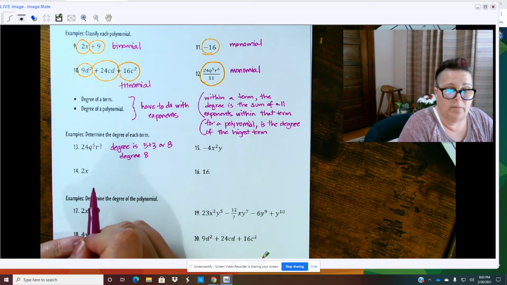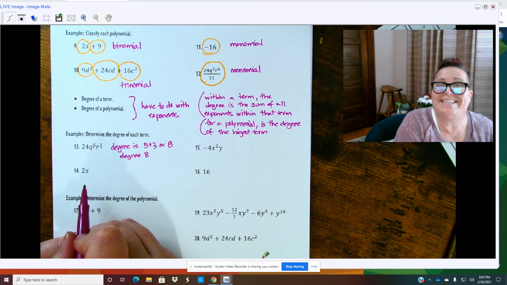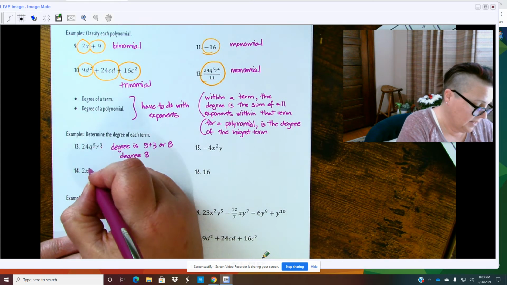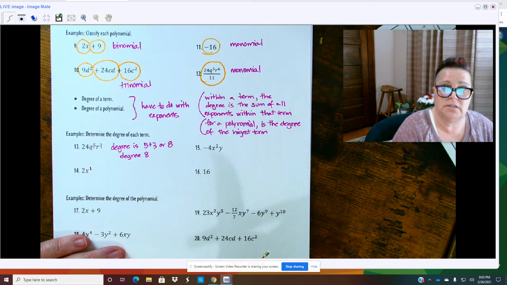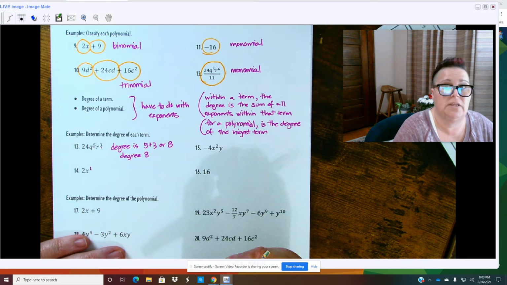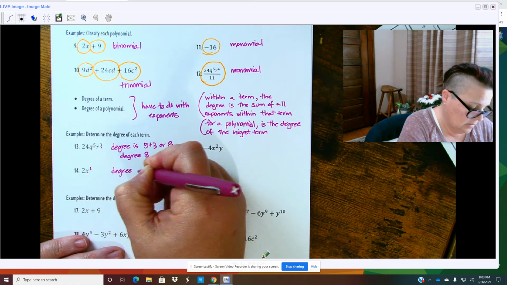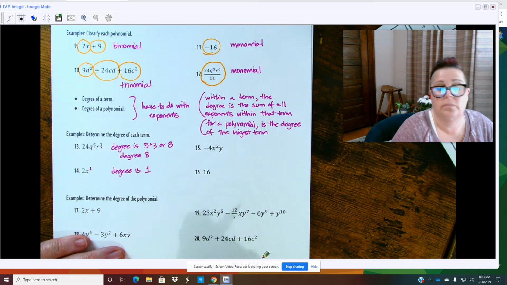If we're looking at problem number 14, there isn't an exponent there, or is there? X is the same as x to the first. So the only degree within this term is 1. This is a monomial of degree 1.